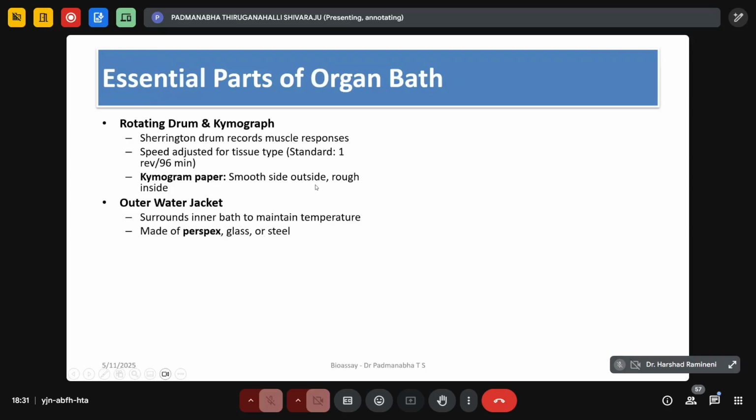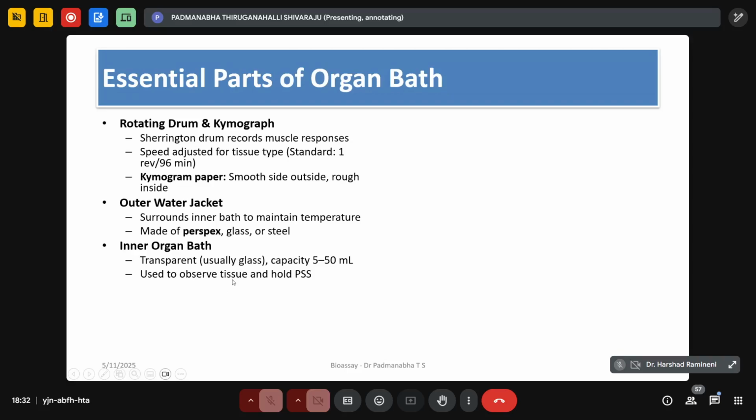As you saw in the earlier slide, it was a glass organ bath. The inner organ bath is also transparent and usually made of glass. It has a capacity ranging from 5 to 50 ml. It is used to observe the tissue response.